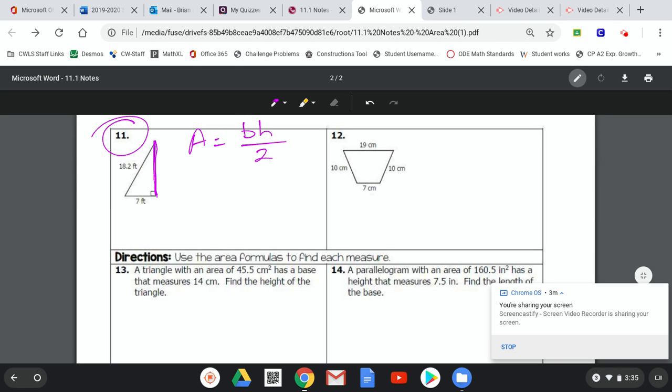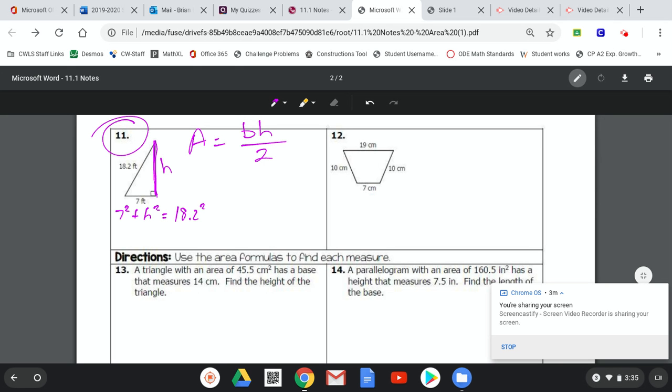It's a right triangle, so everybody at home should be thinking Pythagorean theorem. To solve for this side over here, our height, we're going to have to use the Pythagorean theorem. So we set it up and say 7 squared plus our height squared equals 18.2 squared.